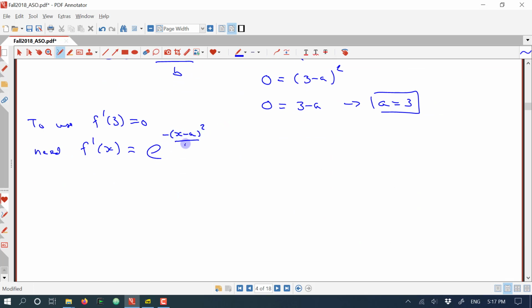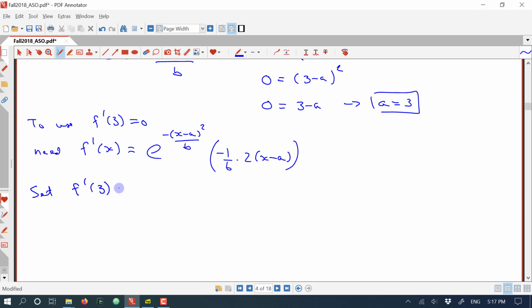Derivative of any exponential is the same exponential back. And then the chain rule says differentiate the inside. Here it's the exponent, and remembering that x is our variable, so b's are constants, a's are constants. We get a negative 1 over b multiplier, and then the derivative of (x minus a) squared is 2 times (x minus a) to the 1.